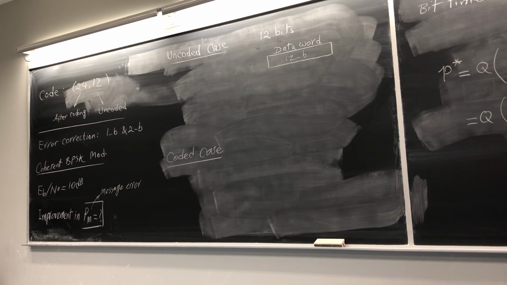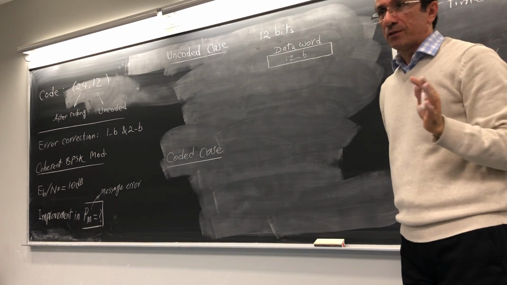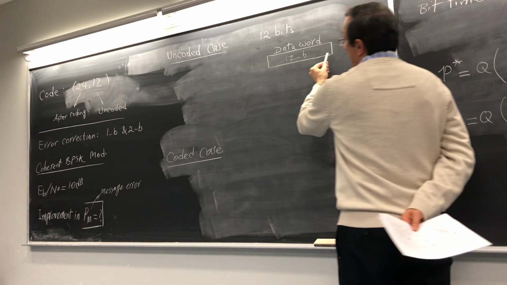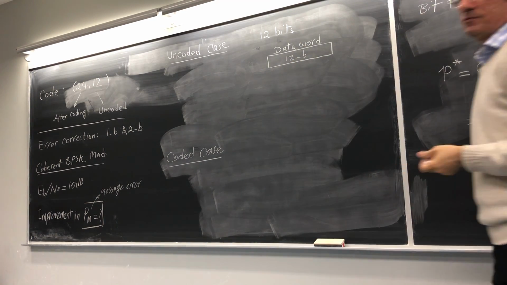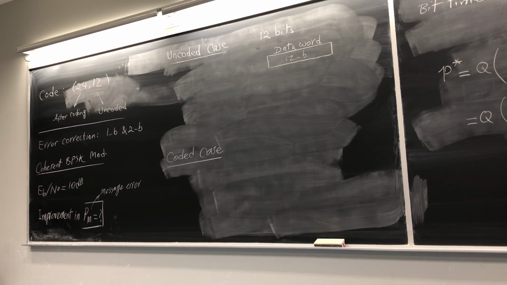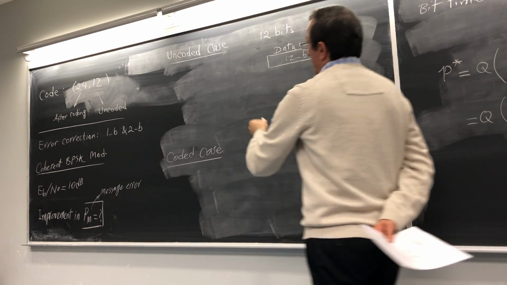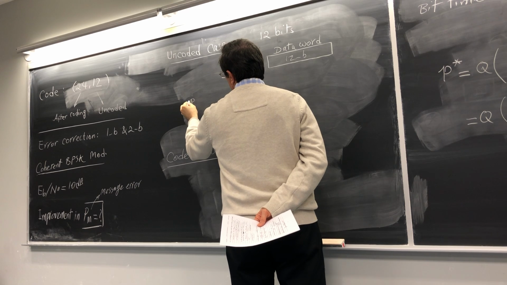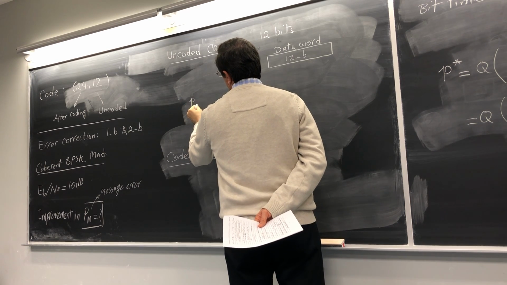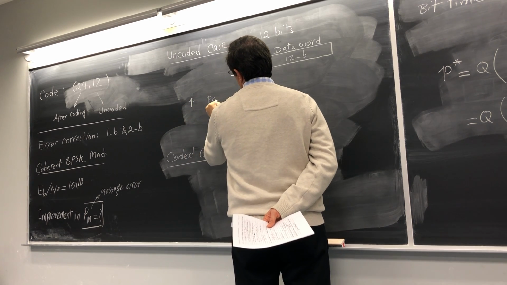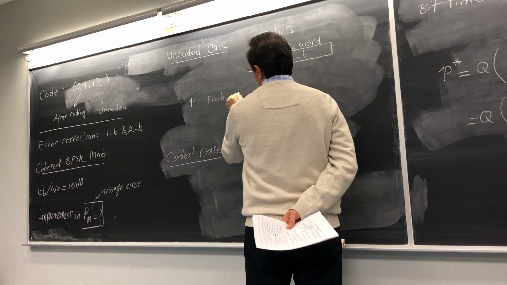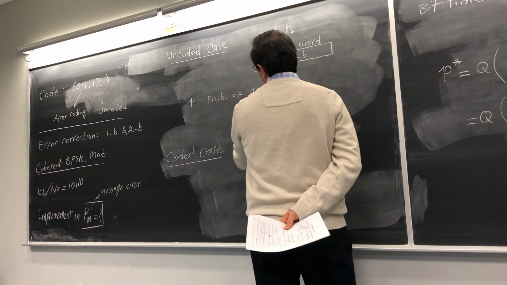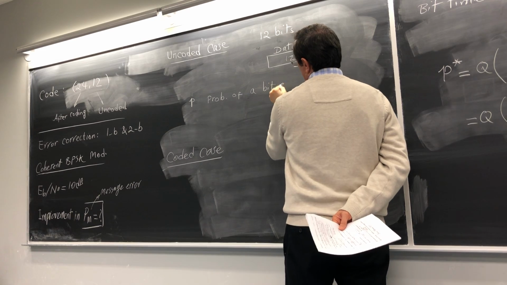What is the probability of error, any number of errors, in a 12-bit data word? So first, we find probability of a bit error.